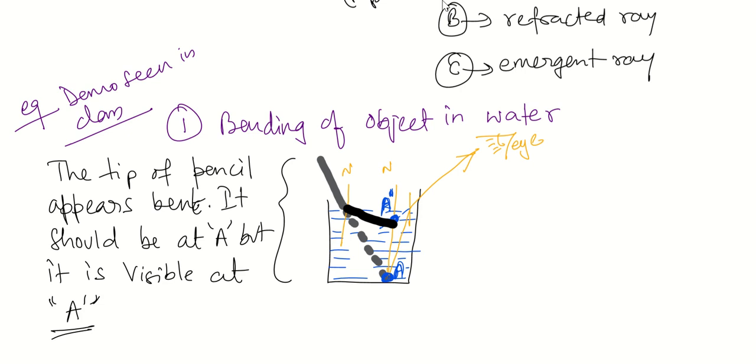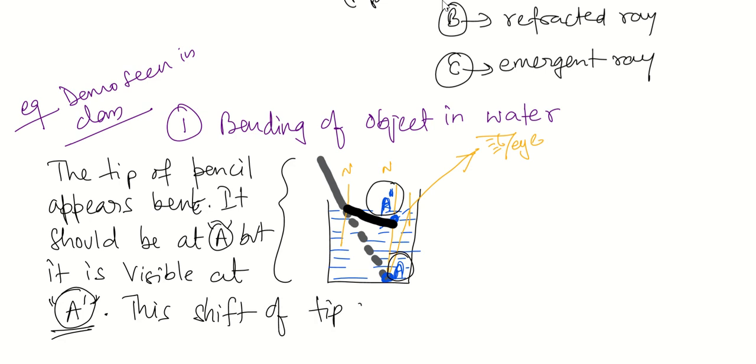It is visible here, A dash. So it's no longer at A, right? Now this shift of the tip of the pencil is due to refraction of light.